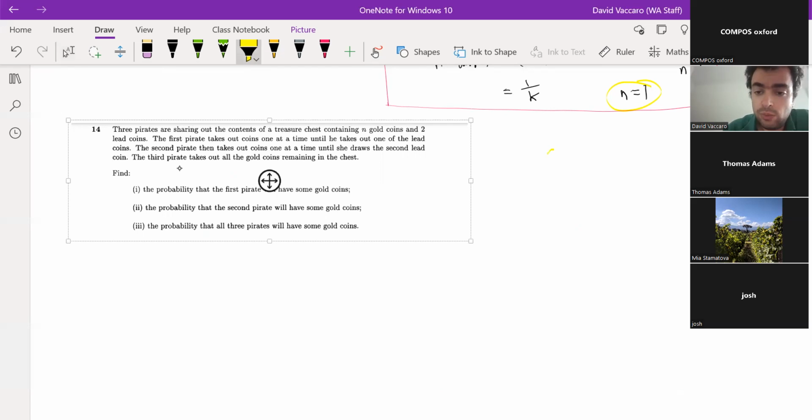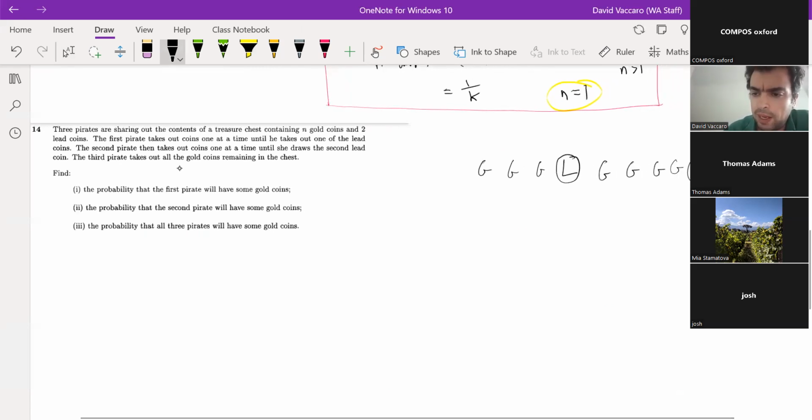So we could go gold, gold, gold, and then lead, and then he stops. And then the next pirate, she takes out coins until she hits lead, and then the remaining pirate gets everything that's left.